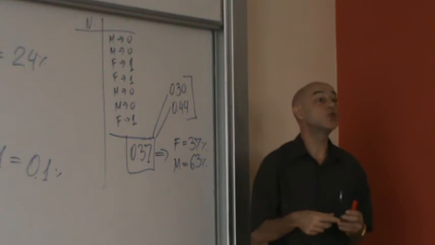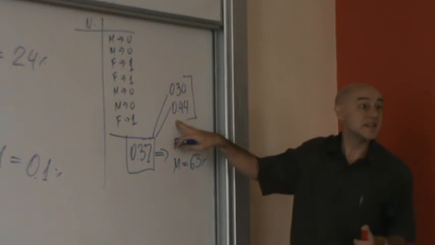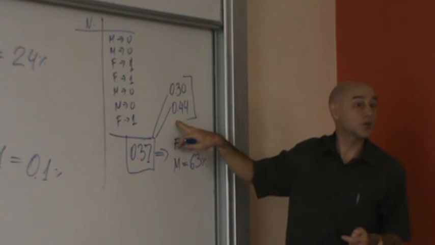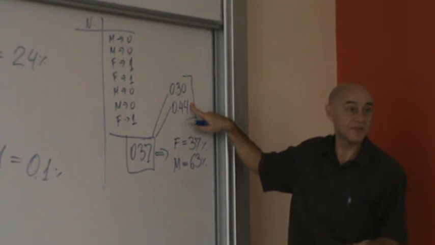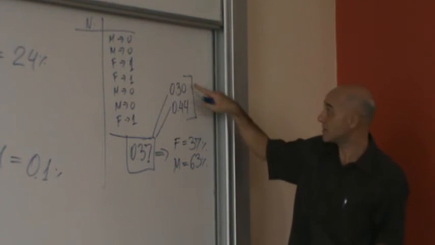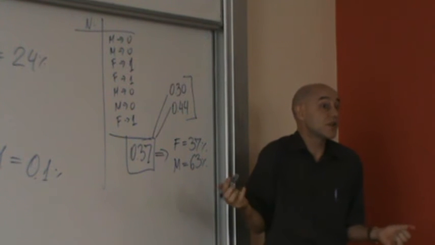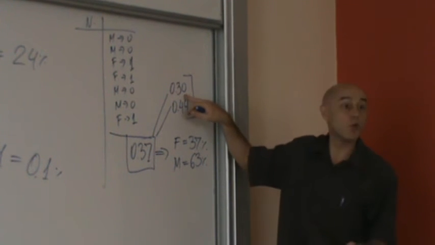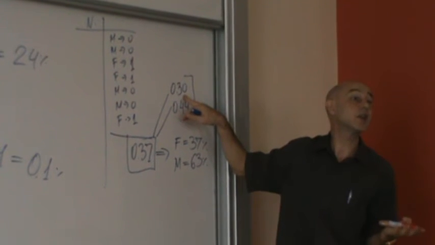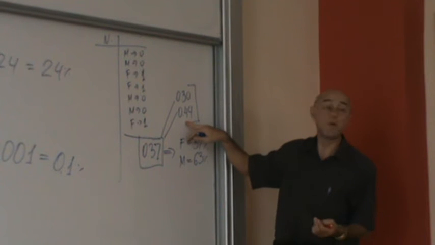So if you need to run a statistical test and say, is the difference more than 20? The answer is yes, more than 20. Obvious, because it's between 30 and 44. Then you ask, is the difference more than 25? Yes, we reject. Is the difference more than 30? Cannot reject. 35? Cannot reject. 40?